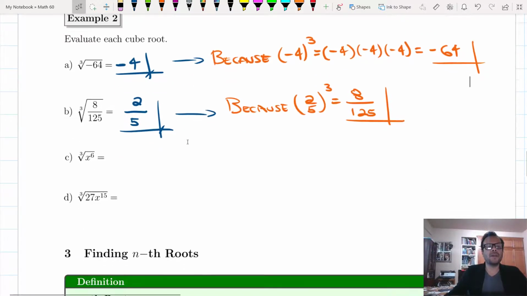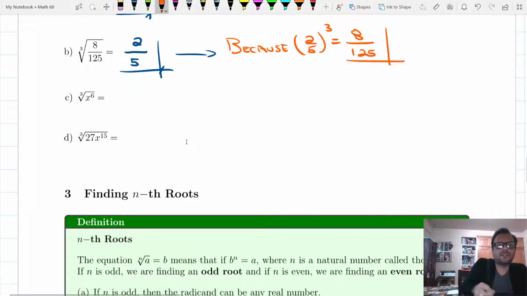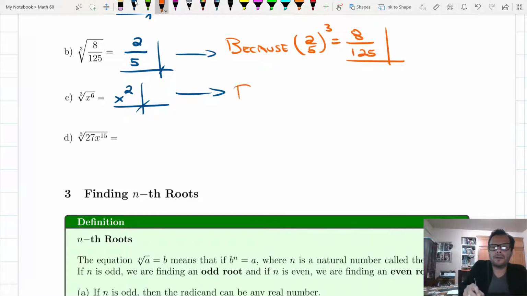Okay, what about when we have variables? All right, so the cube root of x to the 6th power. In this case, we are going to have as a final answer x squared. Okay, why is that? Well, what quantity cubed equals x to the 6th power?